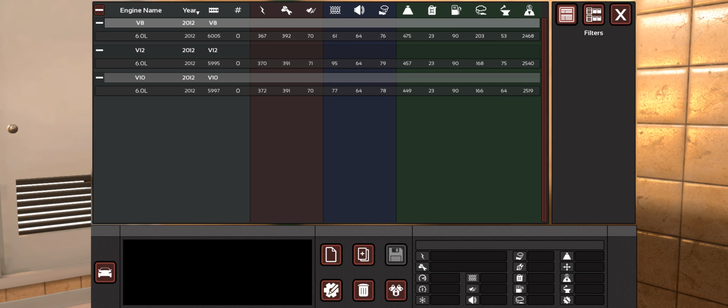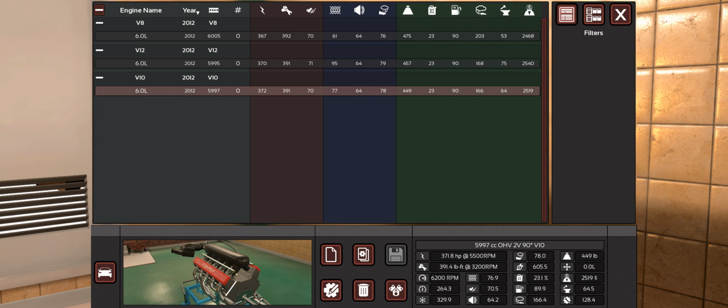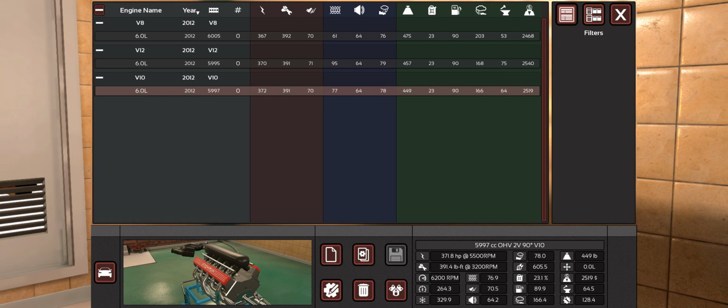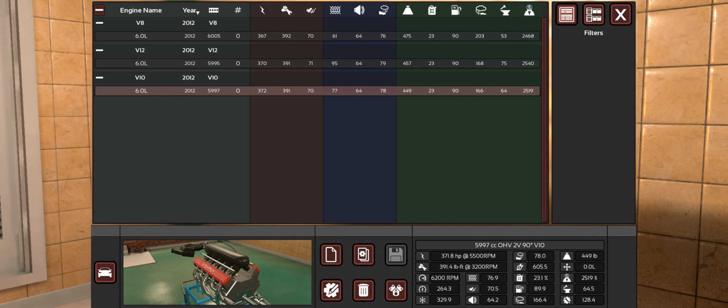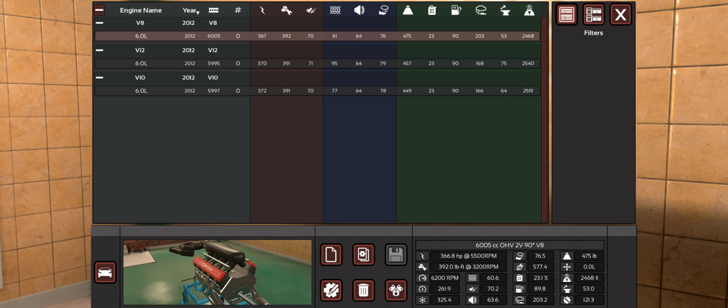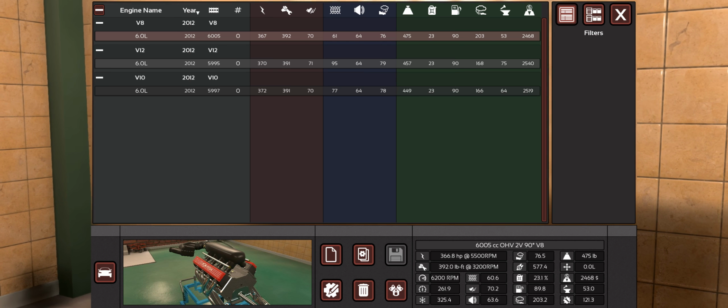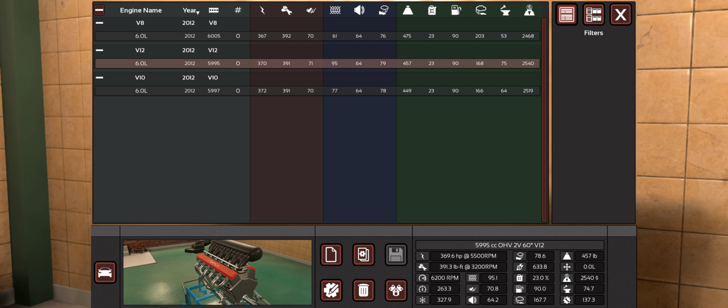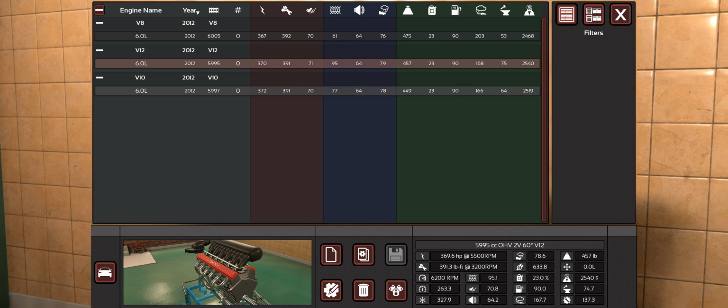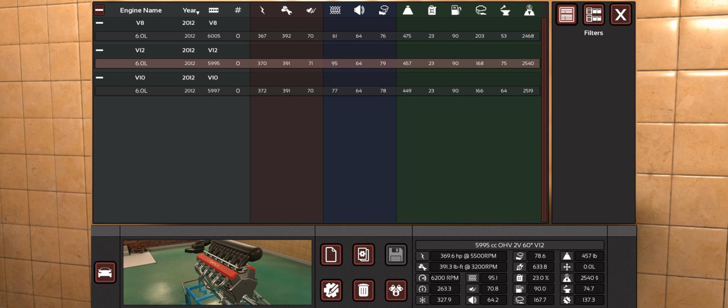So right off the bat here, we can see that the V10 is producing more horsepower, whereas the V8 is producing the most torque. And the V12 seems to be running the mid-ground, with a mid-range of power and the same torque as the V10.